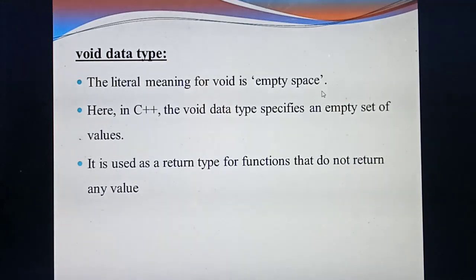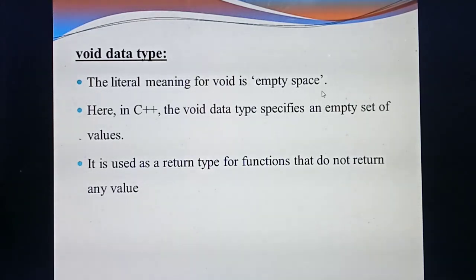If you use this void data type, it won't return any values, but you can simply assign it as a void data type. Understand the meaning of void? Void means empty data type. It will assign an empty set of values and won't return any value as output.